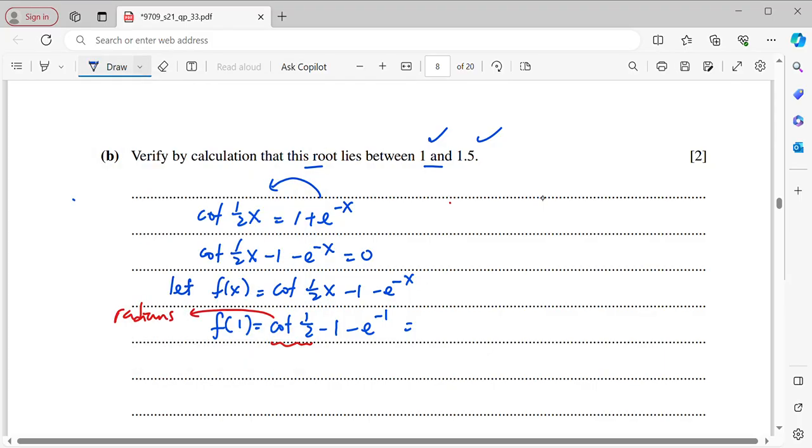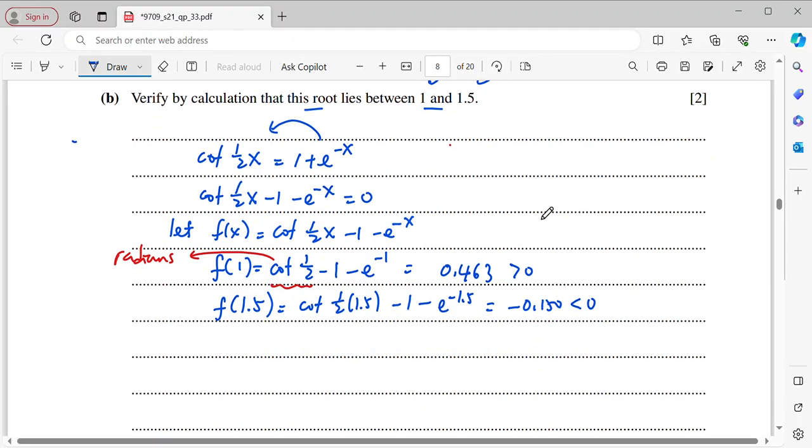Then now you will be getting 0.463, which is greater than 0. And then the next calculation is f of 1.5. You will get cot half times 1.5 minus 1 minus e negative 1.5. Then the answer is going to be negative 0.150, which is less than 0.